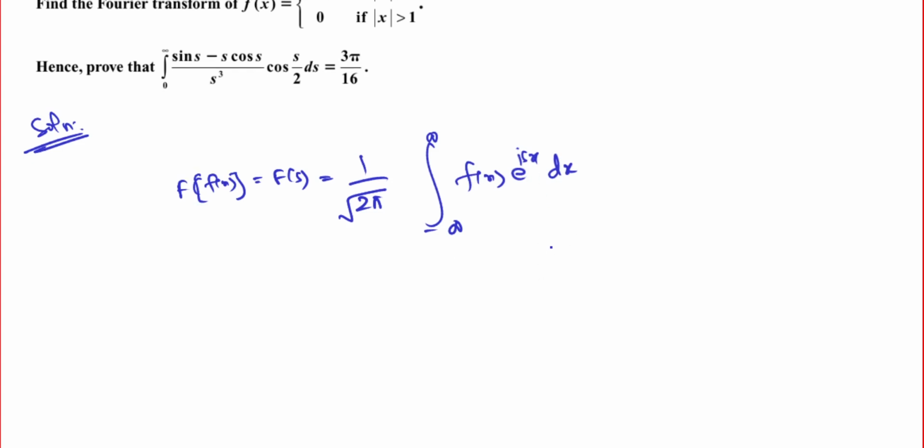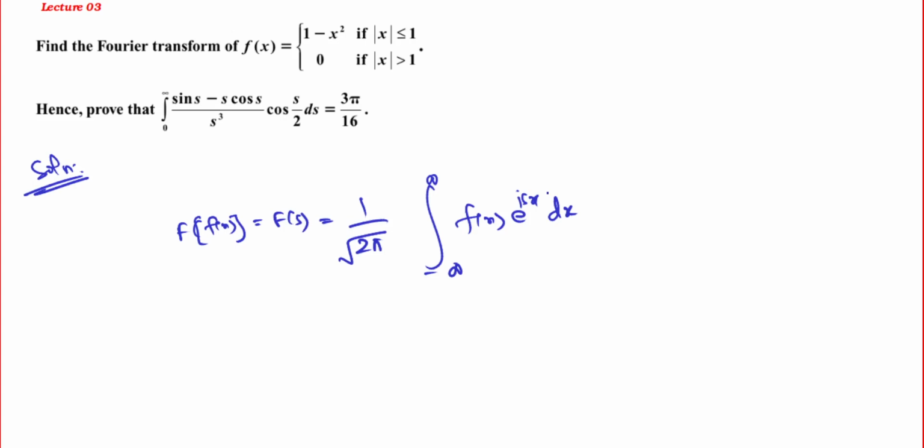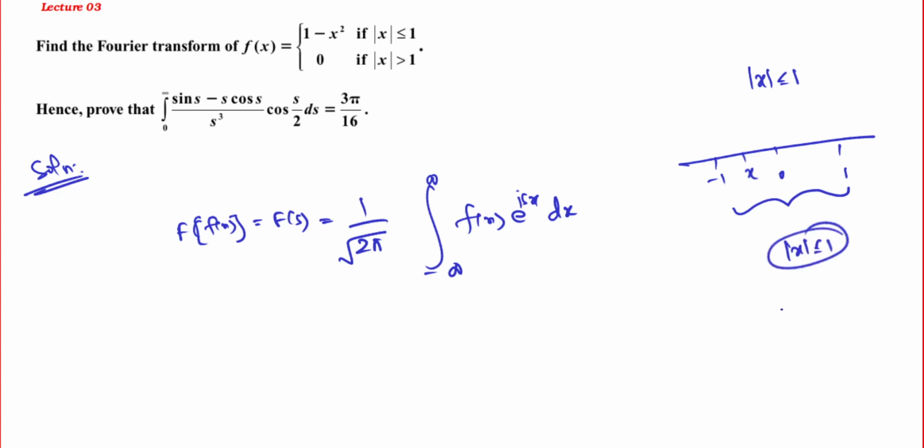Now you see, mod x is less than or equal to 1 only when x belongs to minus 1 to plus 1, because the distance from 0 to x should always be less than or equal to 1. That happens only if the point x lies between minus 1 and plus 1.